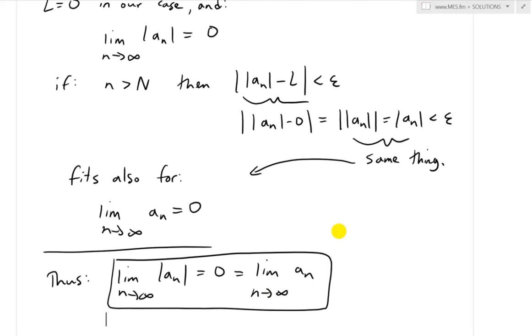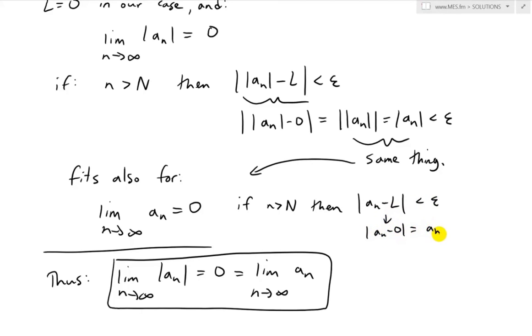For completeness, let's write the definition inside this little bubble as well: if n is greater than N, then a_n minus L less than epsilon becomes a_n minus 0, equals a_n, less than epsilon. Fascinating stuff indeed. Thus the limits are one and the same.